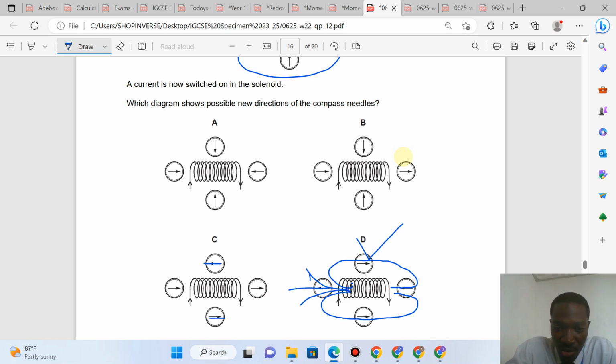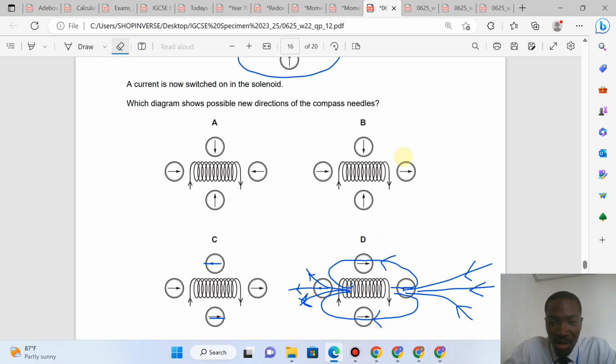So this arrow shows the direction of the line of force. We have the same thing here. The arrow shows the direction of the magnetic lines of force. I hope this is clear. So D is the correct answer to this question.